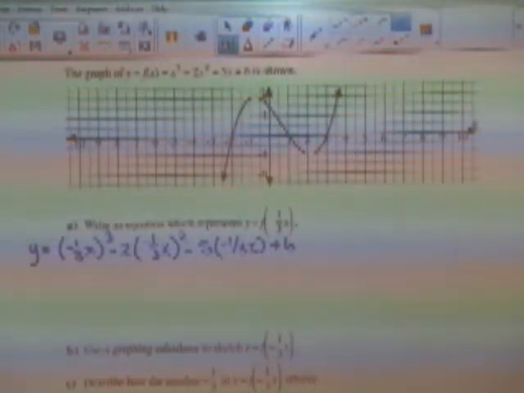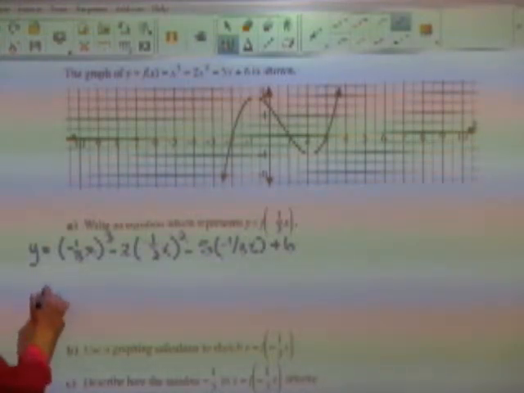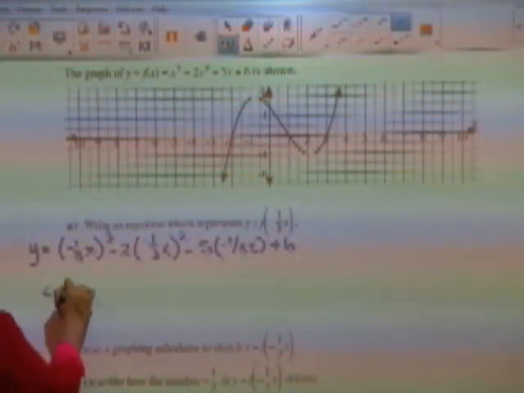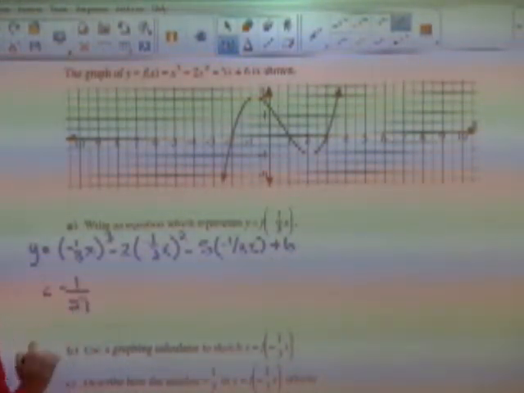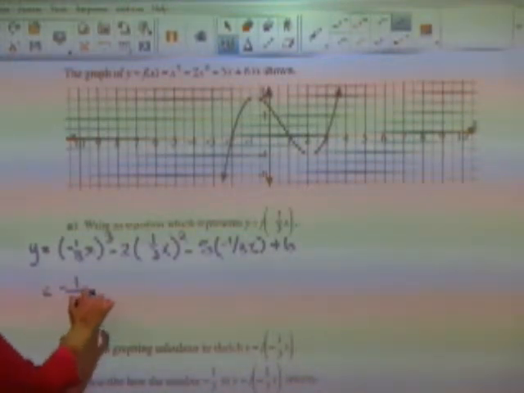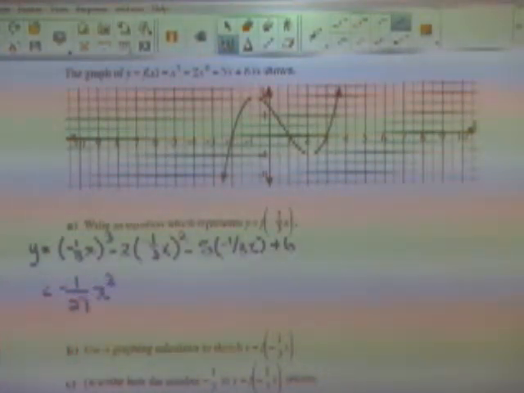So when I take negative 1/3 and I cube it, what will I get? So cube the top, negative 1 cubed would be negative 1, and 3 cubed would be 27. So I get negative 1/27 x cubed.